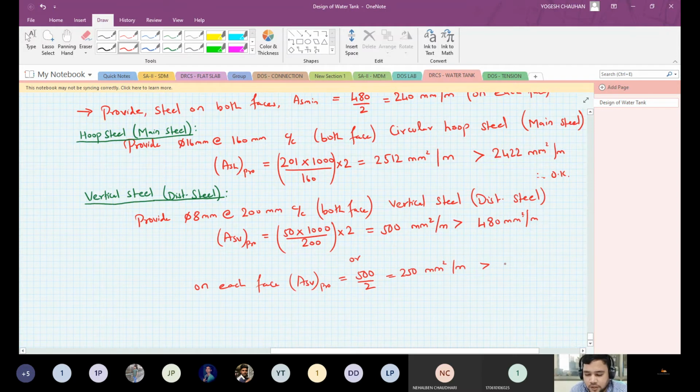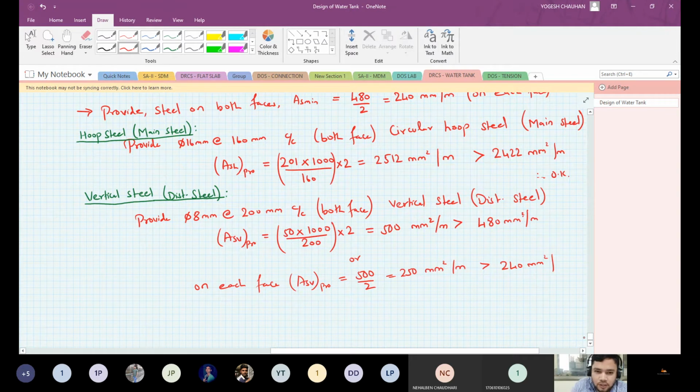We have arrived at the thickness required as well as the steel required to resist the tension due to the water pressure. Now we have to make sure that the tensile stresses in concrete are within the limits.